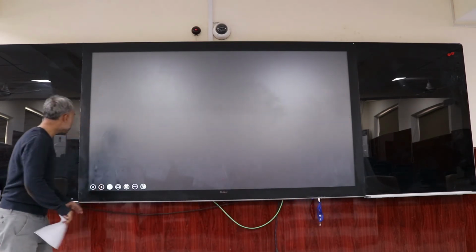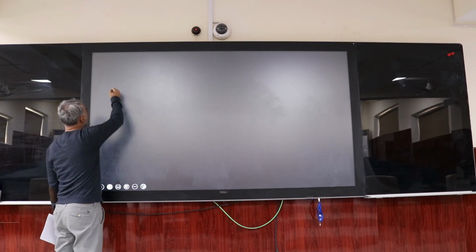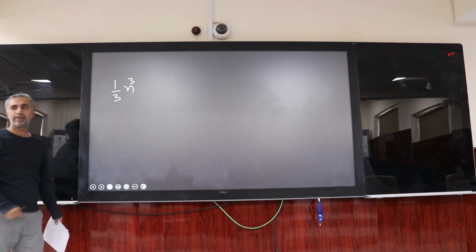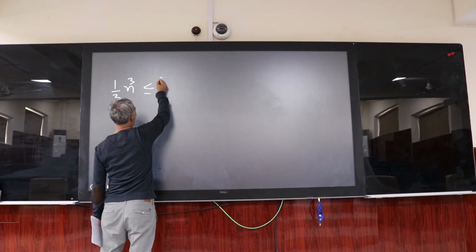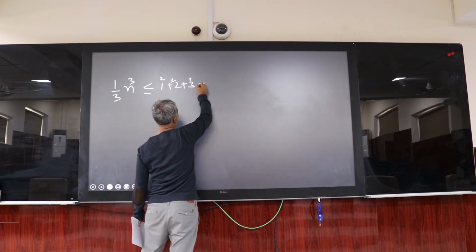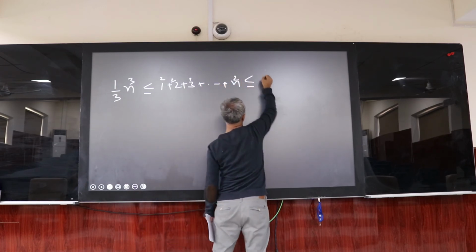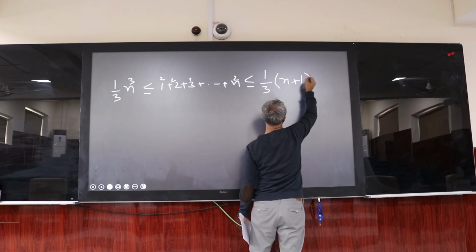So our situation looks like this. The inner one is 1/3 n cubed. The exact one is 1 square plus 2 square plus 3 square up to n square. The outer one is 1/3 (n plus 1) cubed.